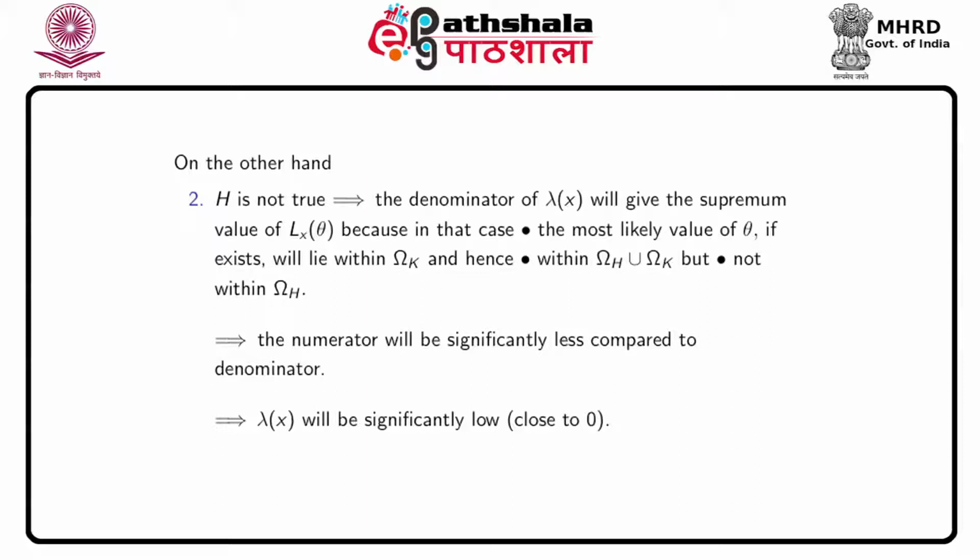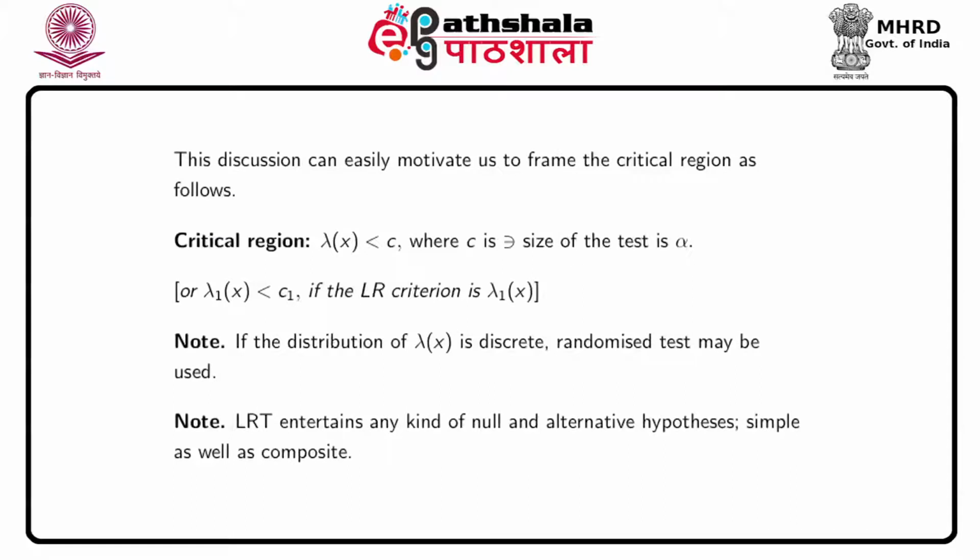As a result, the numerator will be significantly less compared to the denominator. So in this situation lambda(x) will be significantly low, and you can consider it as quite close to 0. This discussion can easily motivate us to formulate the critical region as follows.